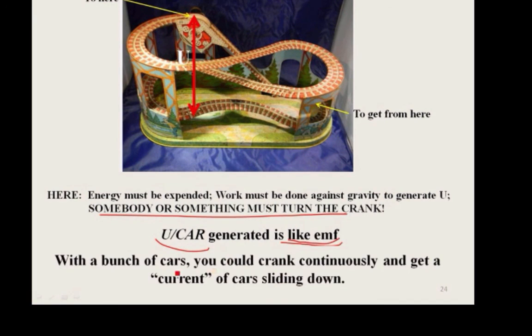With a bunch of cars, you could crank continuously and get a current of cars sliding down this track. If we just lift it once, that's like the Van de Graaff being charged and then discharged. If we keep that current flowing because we keep the motor on the Van de Graaff running, then we have a constant current and a constant rate of putting power into the system. Well, I'm probably overdoing this, but I think you see the analogy.